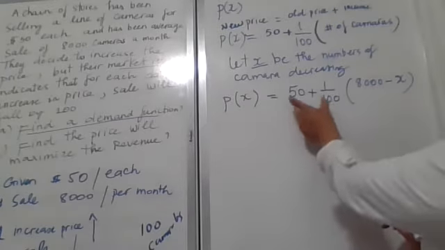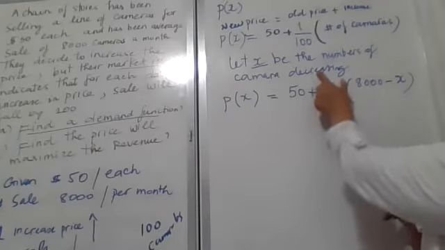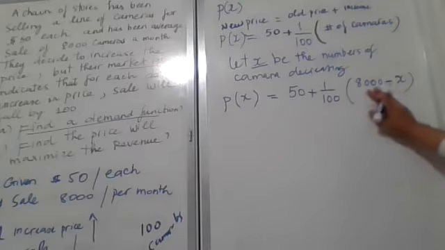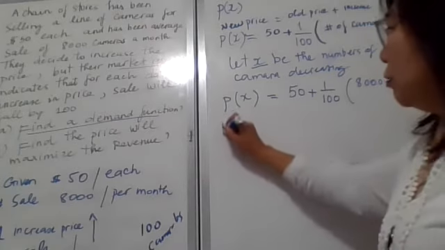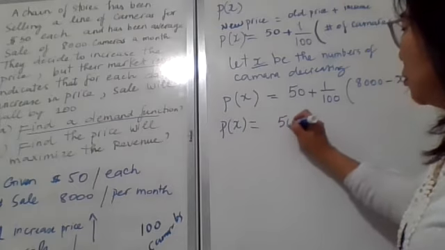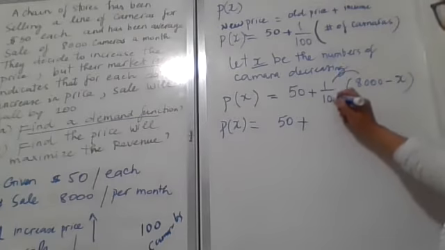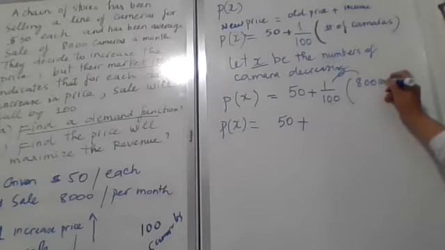So our price will be based on the increasing rate, the rate of one of them times the number of cameras we can sell, right? So that is the price, the demand function. Now let's summarize this demand function. So 50 added with 1,000, 1 over 100 times 8,000 is what?